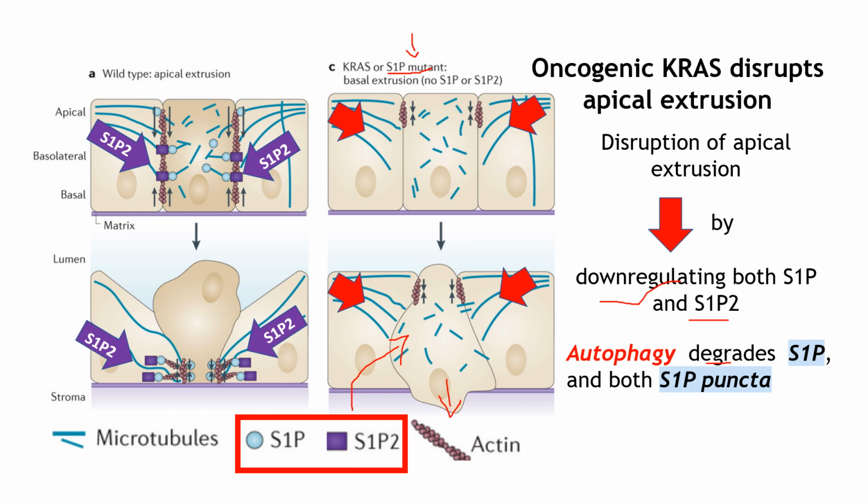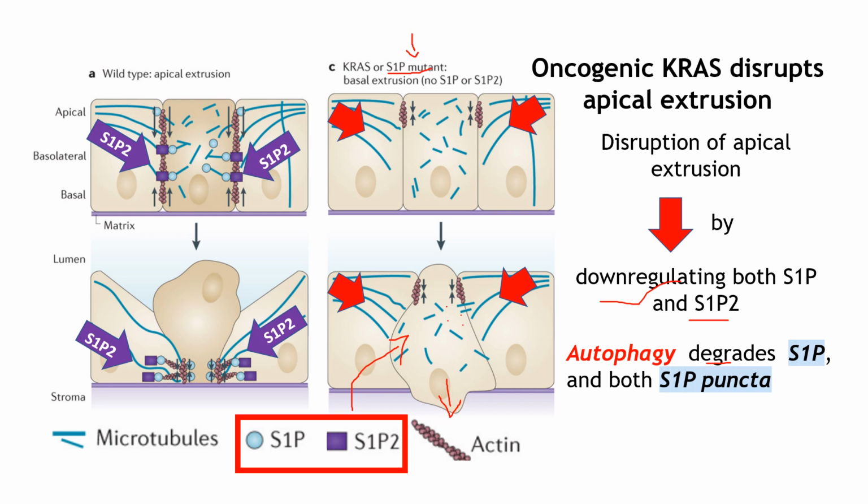And a puncta, when we talk about a puncta, it's always when we make images and stainings, puncta refers to when you find the molecule, that structure, disassembled, or just in vesicles. So you just find puncta there, and they are like the key materials that are going to form something. So this is when they talk about puncta. It seems that all those S1P seem to be removed by autophagy.